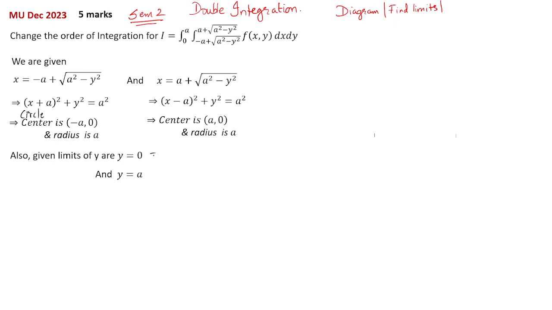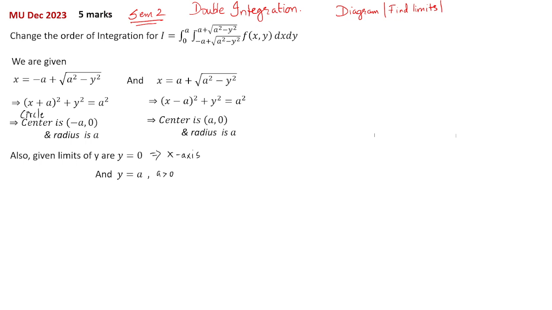So y equals 0 basically is the x-axis, and y equals a is a line parallel to the x-axis at a units. Now this a is positive, remember, because it is the upper limit 0 to a.